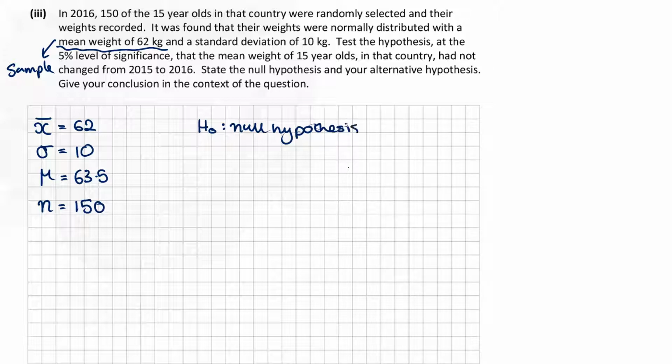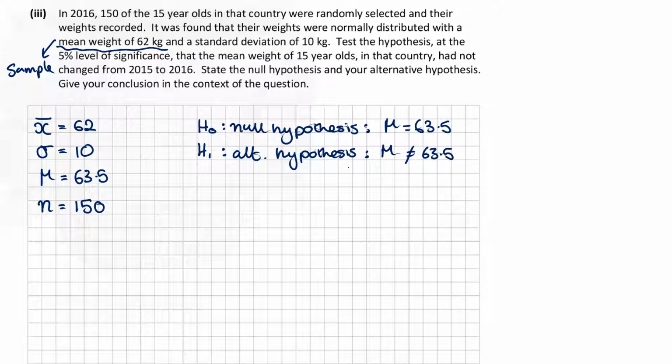So the null hypothesis is mu is equal to what it always was. In words, the mean weight of 15-year-olds in that country has not changed from 2015 to 2016. H1 is our alternative hypothesis, and we're only ever going to have our null and one alternative. So that's mu does not equal 63.5.